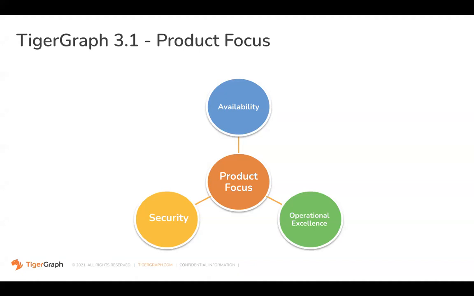On the availability side, our goal is to enable customers to run business critical workloads. We already have HA, but obviously HA is not sufficient in some cases. So we've addressed some key areas to further enhance and make sure TigerGraph is ready for tier 1 applications.